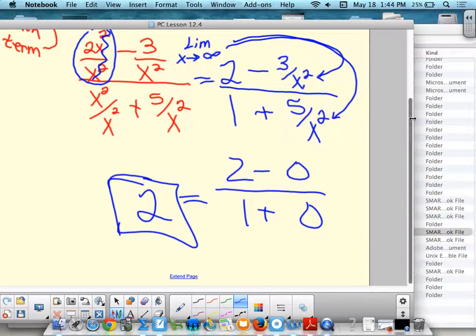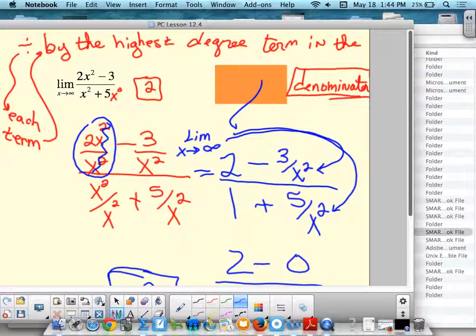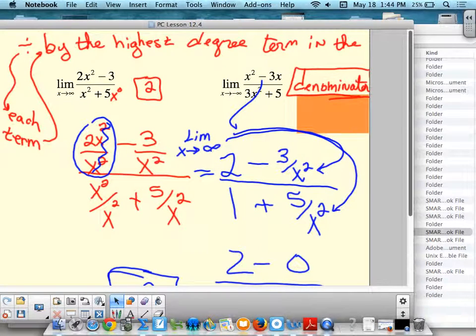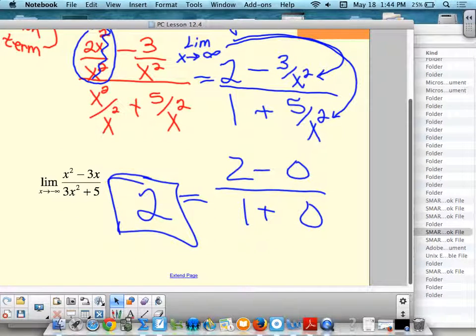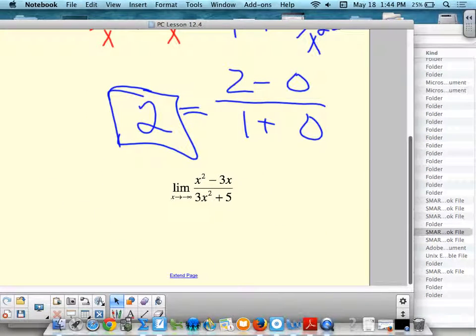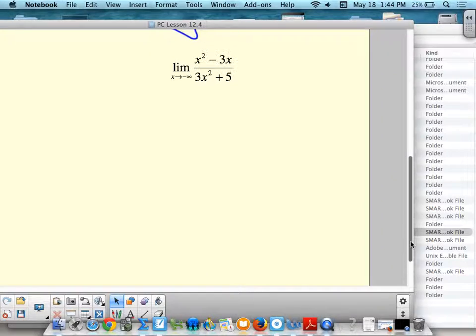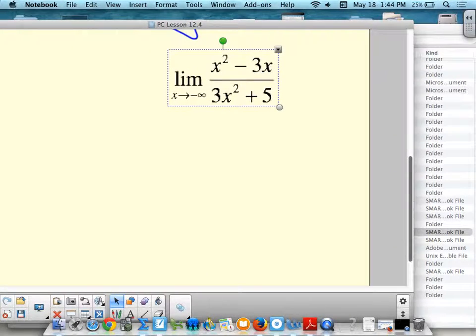All right, you have one more to do. Do this one right here. Try that problem. What's the limit of x squared minus 3x over 3x squared plus 5 as x approaches negative infinity?